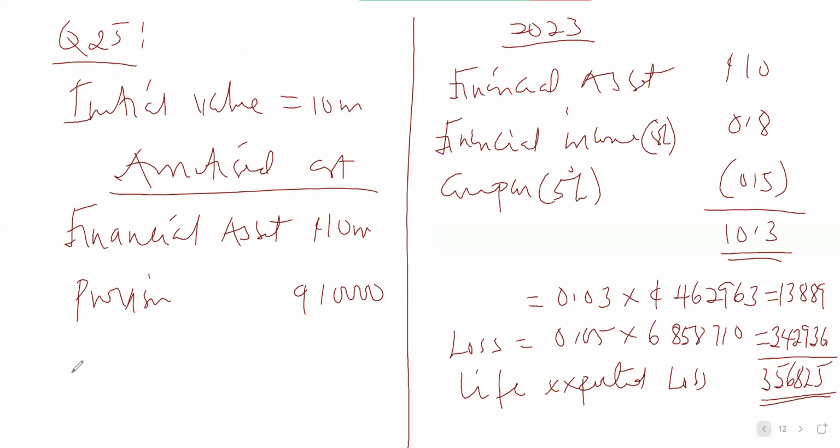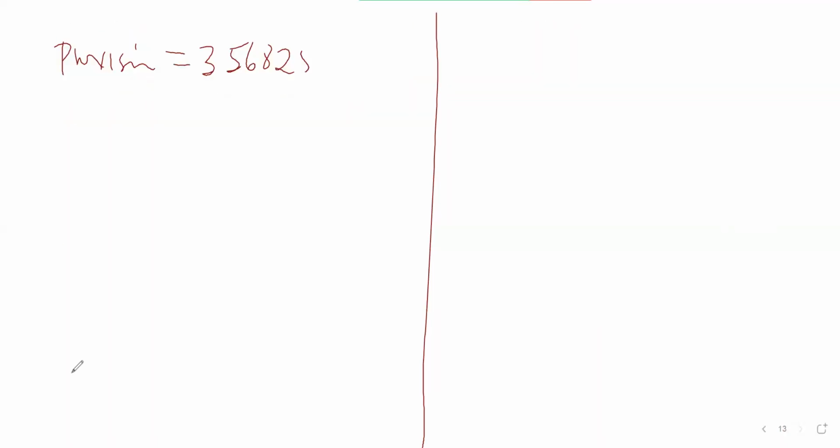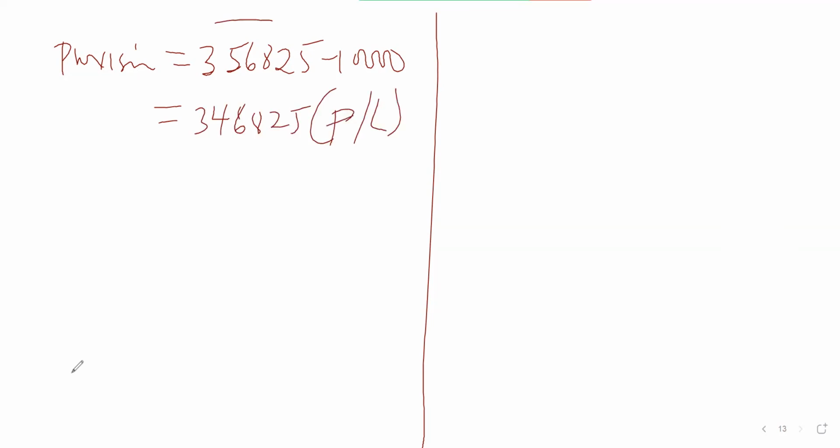So our provision that will go to profit or loss now will be the new provision, which is 356,825 minus the 10,000. And that will give us 346,825. This will be the one that will go to profit or loss. This is the increment. Okay, but this will be our total provision now.